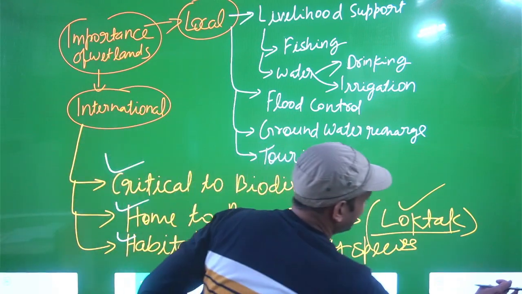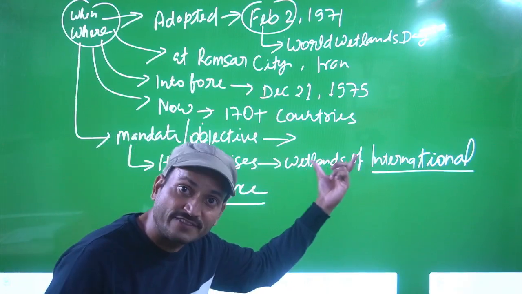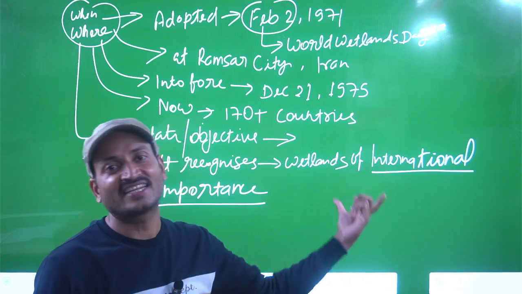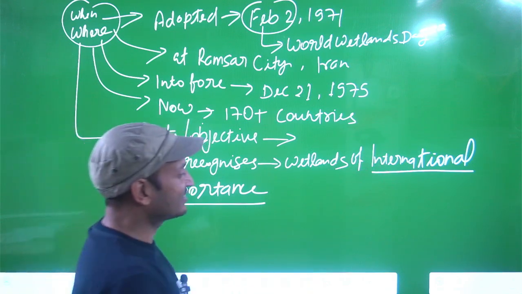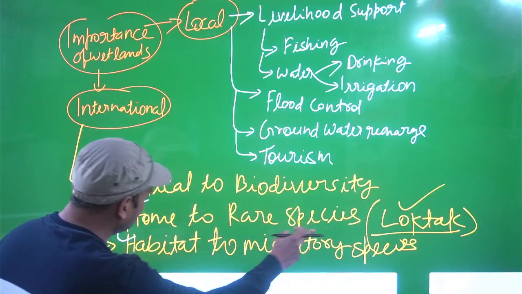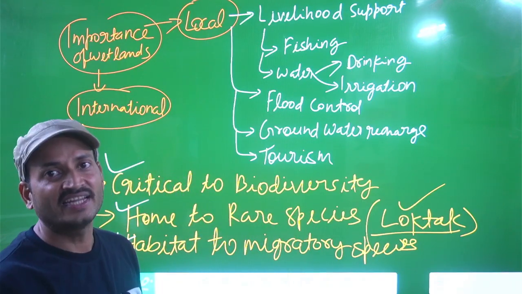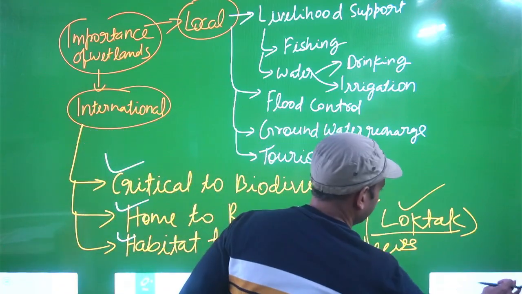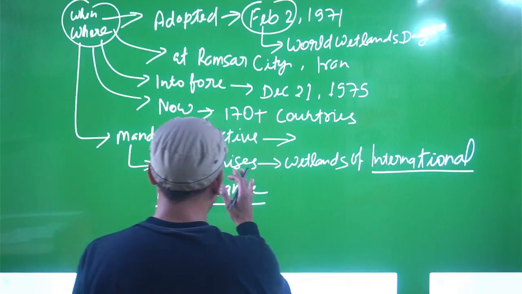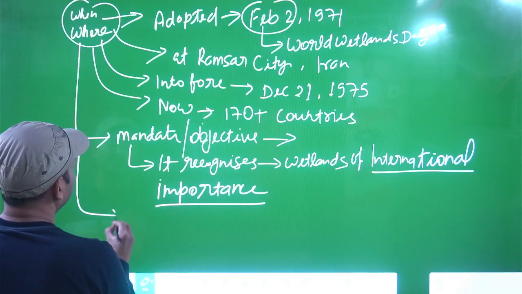So the Ramsar Convention recognizes only those wetlands as Ramsar sites that are of international importance, meaning critical to biodiversity, home to rare species, providing habitat to migratory birds, like Koleru Lake in Andhra Pradesh.